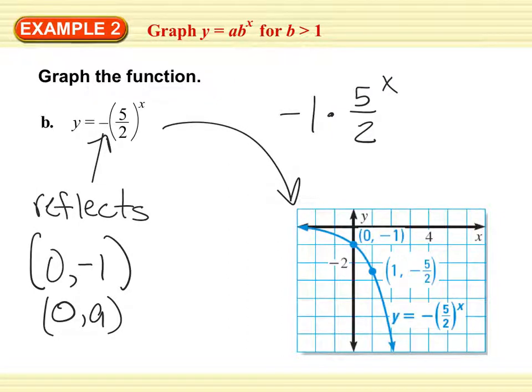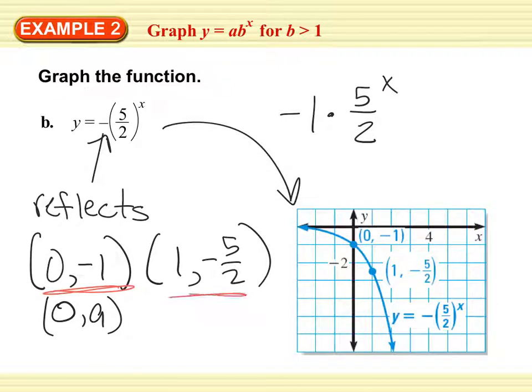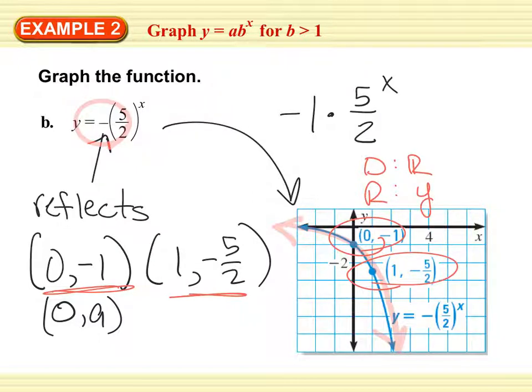And then I'm going to graph (1, a times b), which is -5/2. So we've got those 2 points, and that's enough information to graph a curve, knowing that our curve is going to be under the x-axis. Okay, knowing that here my domain is actually all real numbers, but my range is going to be y is less than 0. Okay, that x-axis is still an asymptote. We're not going to cross the x-axis.